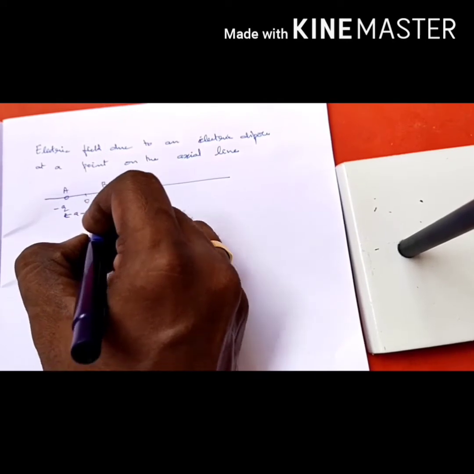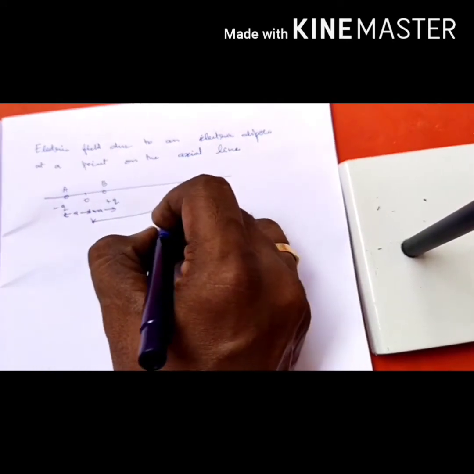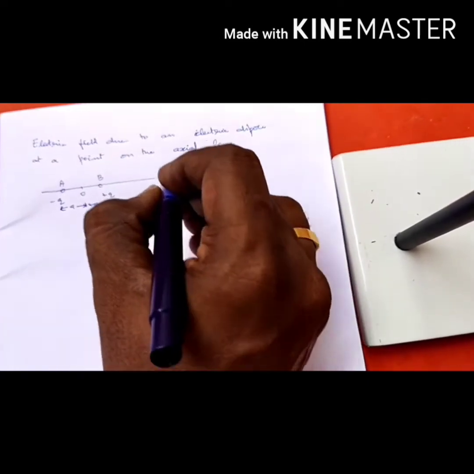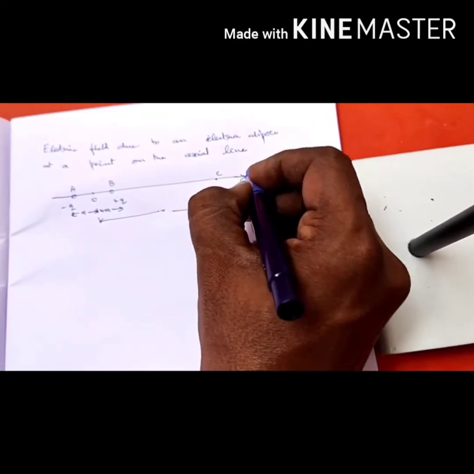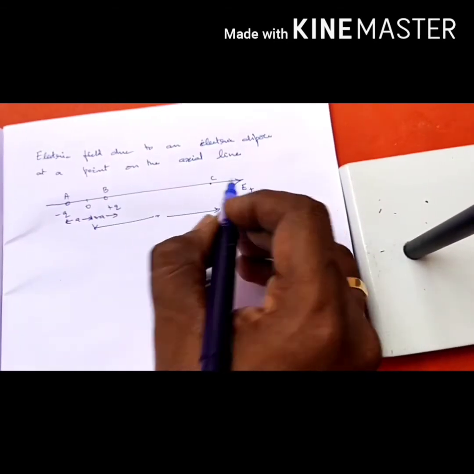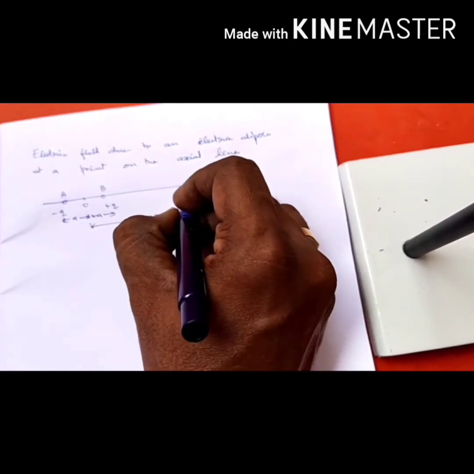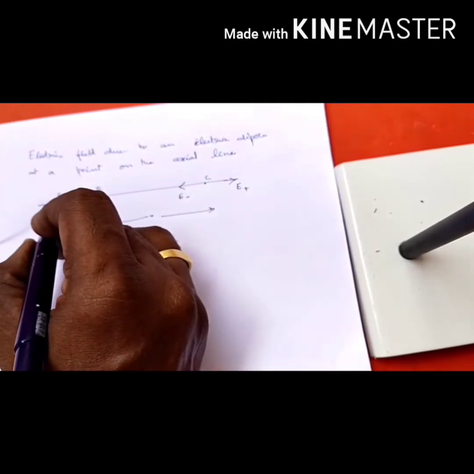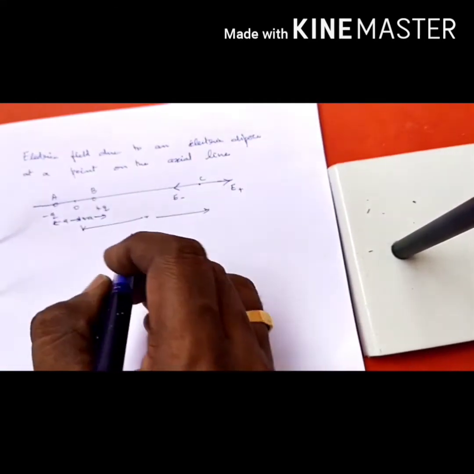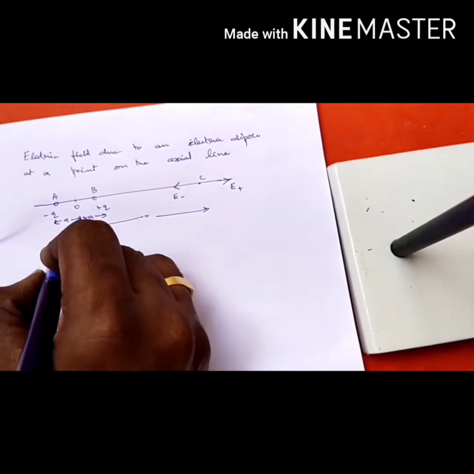O is the midpoint of the dipole. Let us consider a point C at a distance r from the midpoint O of the dipole on the axis. And E plus and E minus are the electric fields due to the charges plus Q and minus Q respectively.